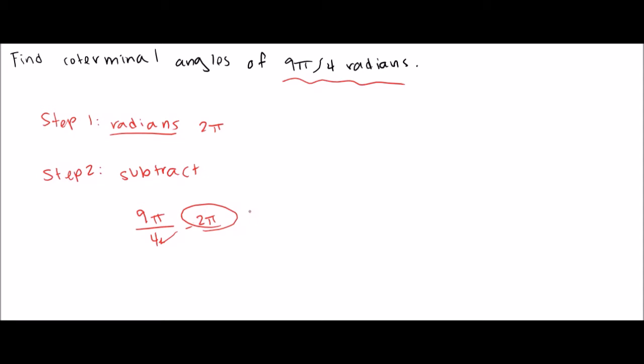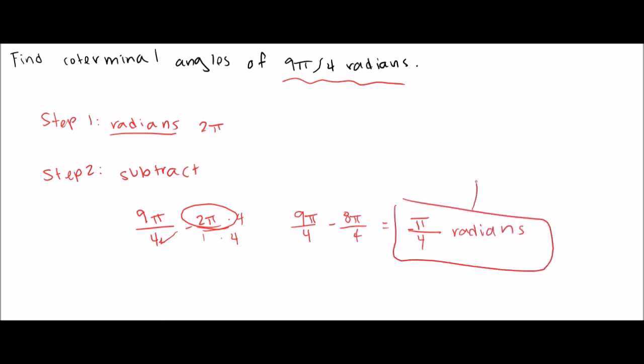This is easy to do in this case. We'll just multiply by 4 on the top and bottom. So if this is over 1, we do 9 pi over 4 minus 8 pi over 4. And then we'll get pi over 4 radians. So this is the only answer we are looking for in this problem.